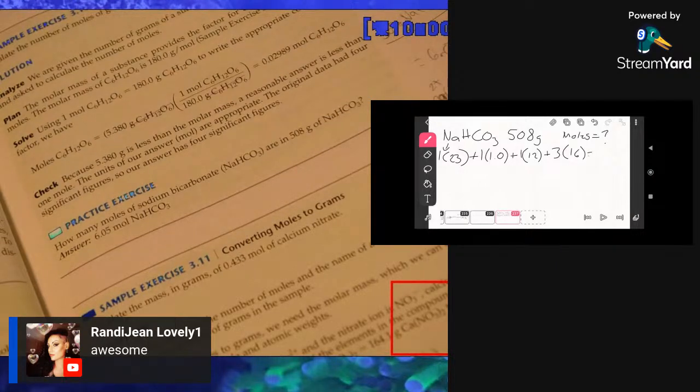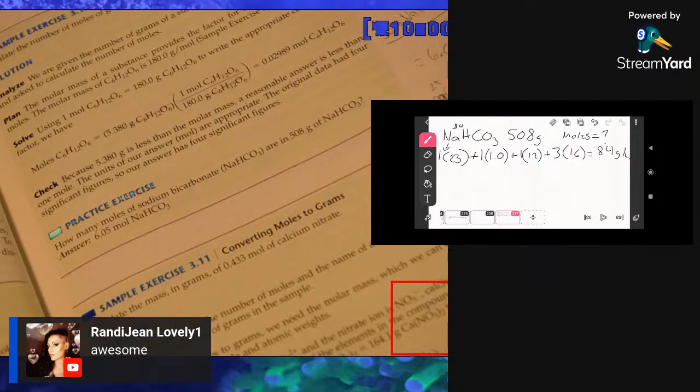And when you multiply and add everything, that equals 84 grams per mole. So we got a number right here, 84.